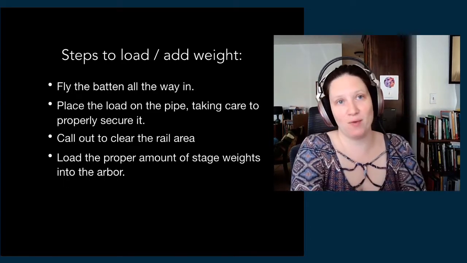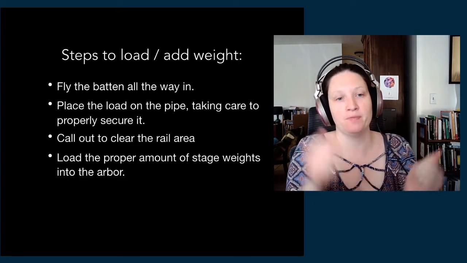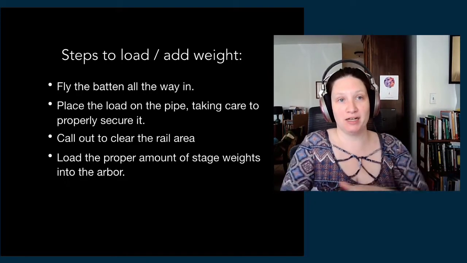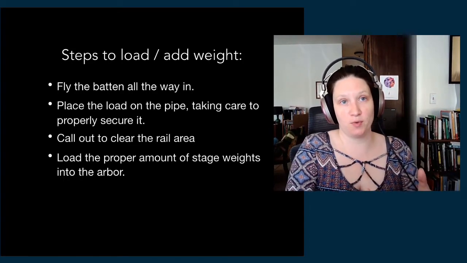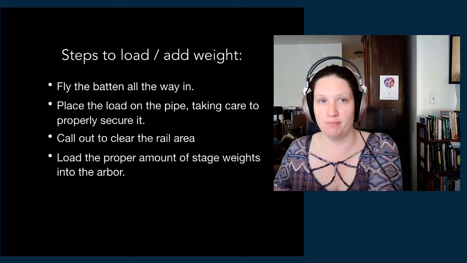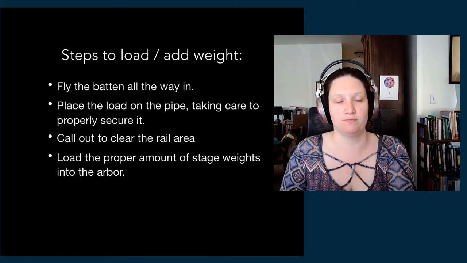And so that weight could fall and smash someone's brain. So we call out, we clear the area, then we load the equivalent in stage weights to the weight of the equipment that we just loaded on stage, okay?